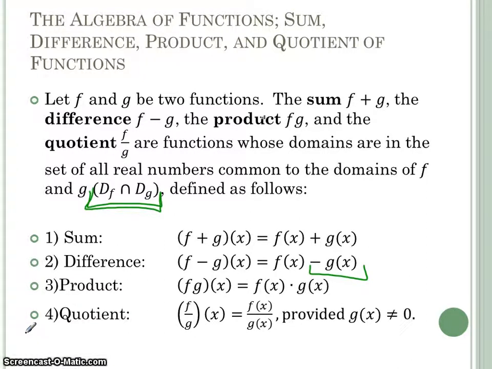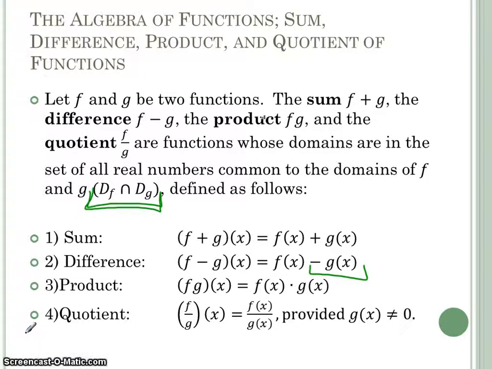Alright, so here's the deal. With these domains, we said the domain is going to be the intersection of your domain from f and your domain from g. The only thing is with the quotient, it could have to exclude just a tiny bit more, because now you're putting g in a denominator and you have to worry about where that's going to be equal to 0.